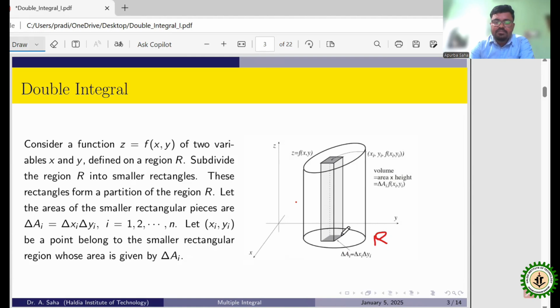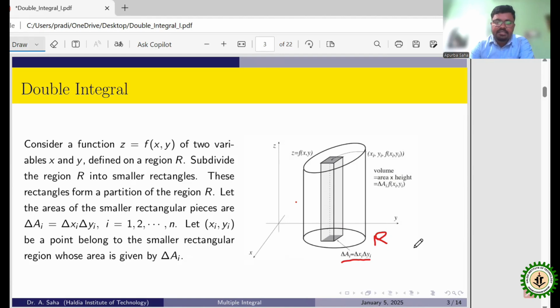So this is your smaller rectangular subregion, and the area of this subregion is given by del Ai equals del xi del yi. i runs from 1 to n because we subdivide the region R into n number of subregions.